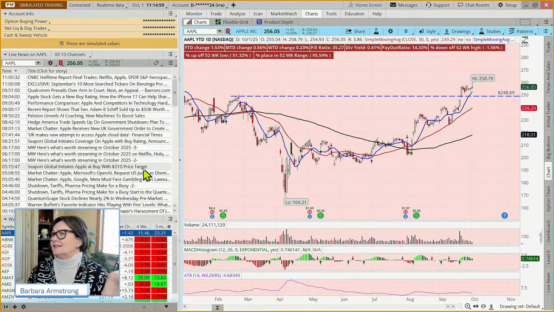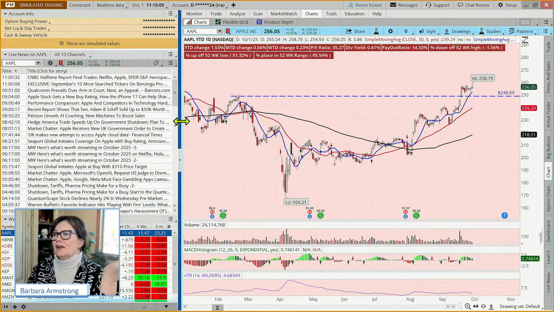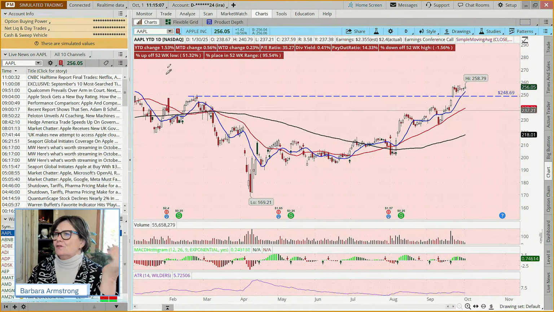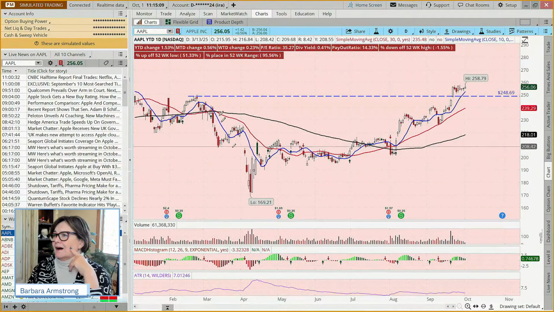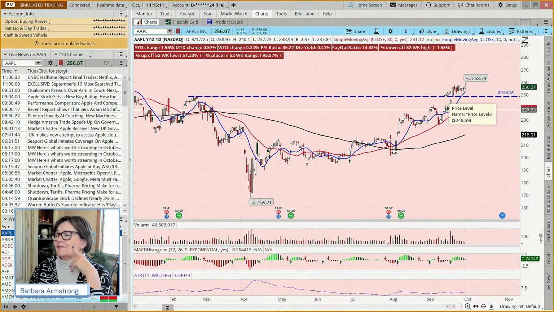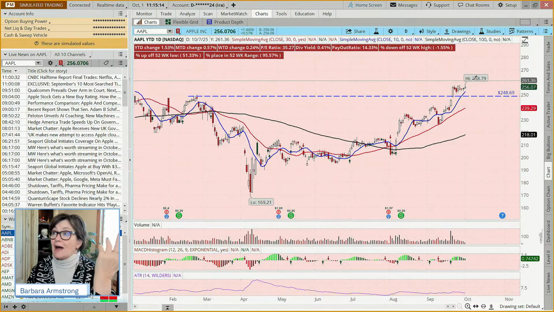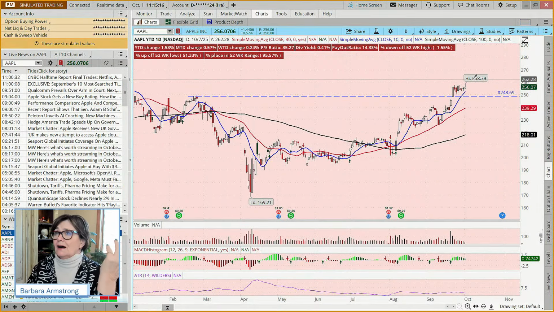And it's currently trading today at 256. So if you didn't have this in your portfolio and you thought, well, I'm coming in just as it's coming back into its own, perhaps it may not hold.